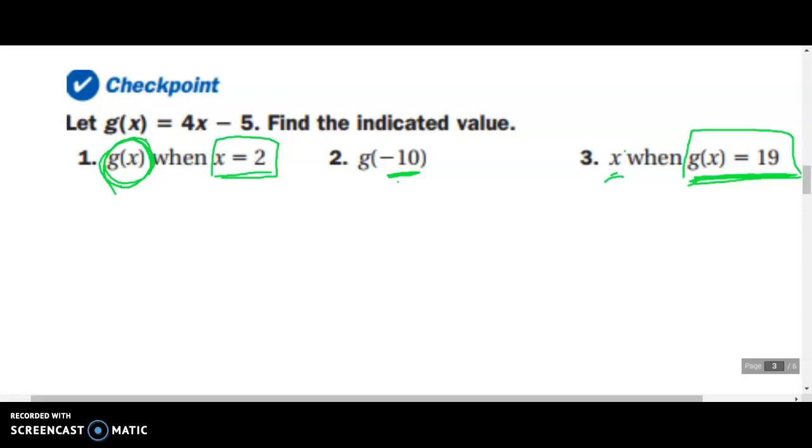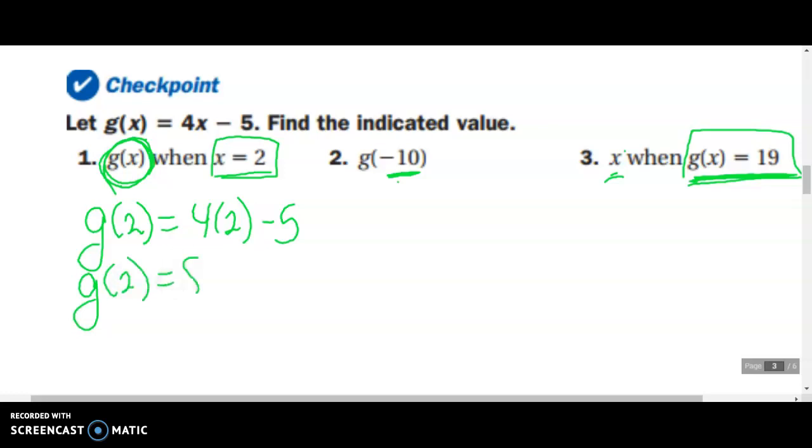Okay, so for number one, we're going to write this as g of 2 equals 4 times 2 minus 5. G of 2 equals 8 minus 5. G of 2 equals 3.